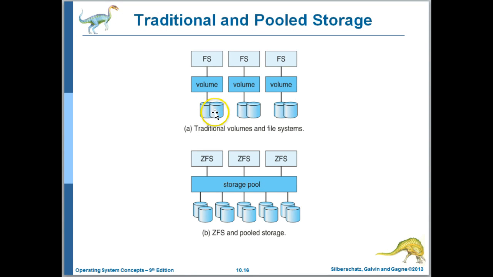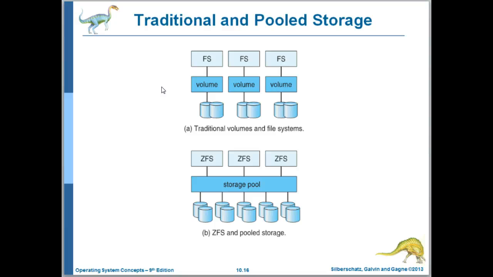Traditionally, a number of disks are combined into a volume, and then a file system is built on top of that. The problem here is at the time that you're building the system, you have to know how large each file system needs to be.